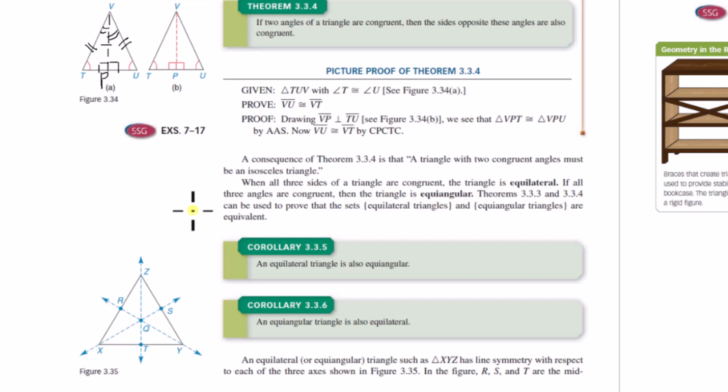Remember, an equilateral triangle is talking about the side lengths. Scalene means all the side lengths are different. Isosceles means two of the three are the same length. Equilateral means all three sides are the same length. And an equal angular triangle means all the angles of the triangle have the same measure.